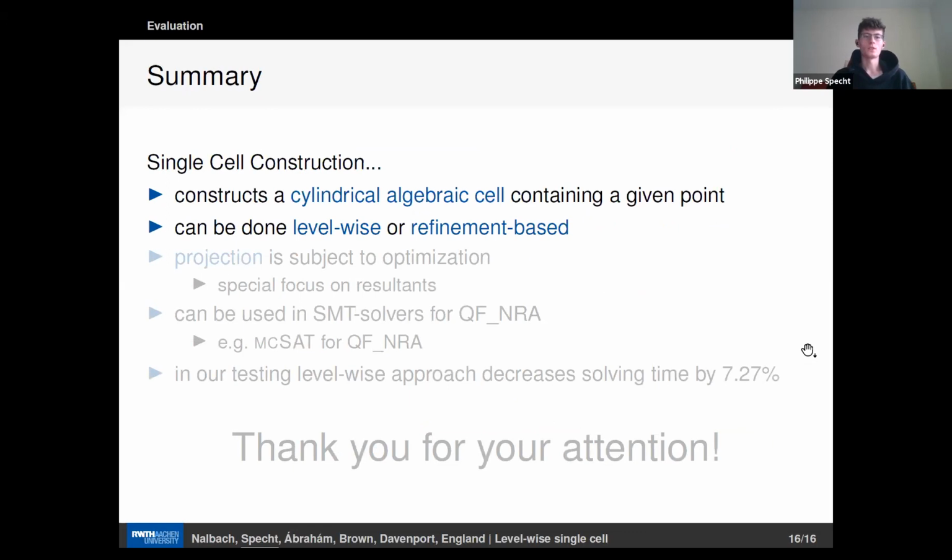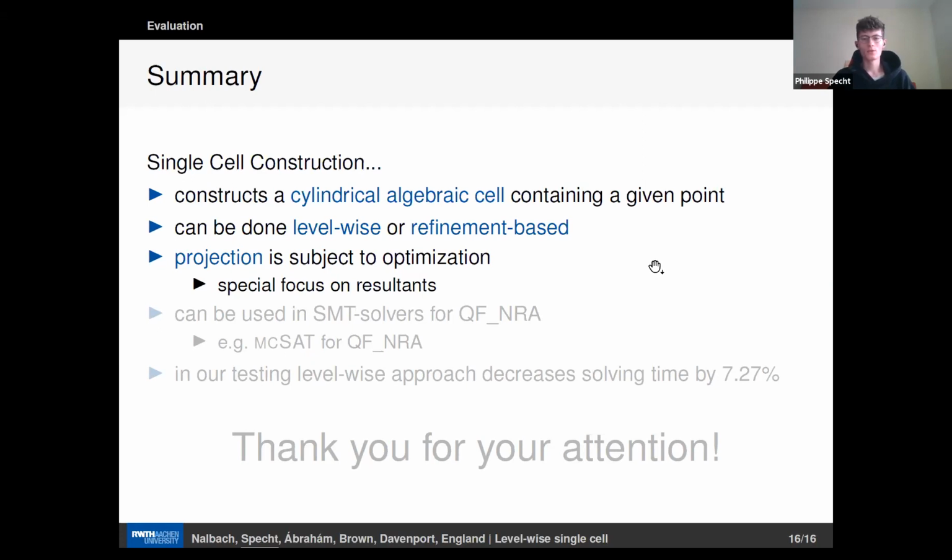Okay, to summarize all of this, the single cell construction deals with constructing a cylindrical algebraic cell around a given point. We've seen that this can be done in a level-wise or refinement-based fashion. For future work, it is even imaginable to use a hybrid approach. Then we look into the concept of projection. Since this is the computationally most expensive part of single cell construction, we want to optimize this.